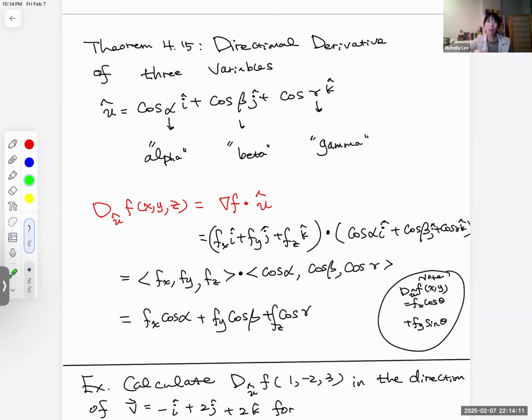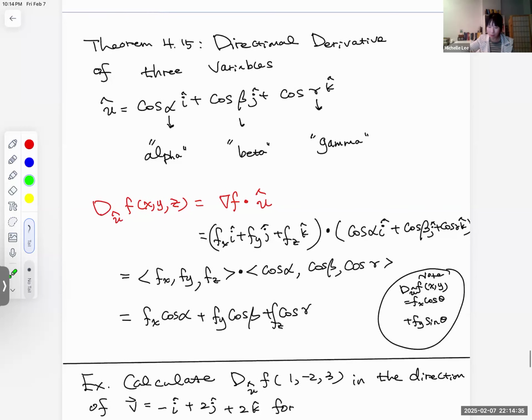Then when you make a dot product, we are using just components, no vector, right? So if we have that, then we get this one. So partial derivative with respect to x cosine alpha plus partial derivative with respect to y cosine beta plus partial derivative with respect to z cosine gamma. All right.